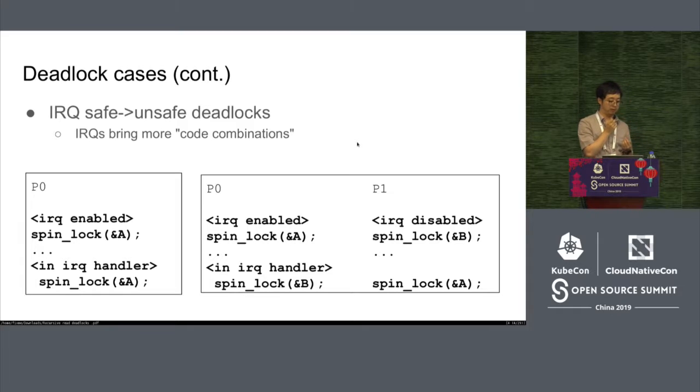also there are some deadlocks relevant with interrupts. So basically we can assume that's an expansion or scaling of ABBA and self-deadlock.